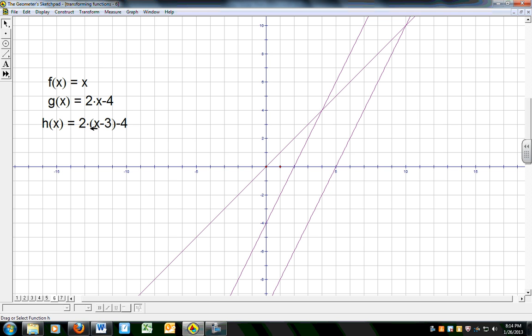Or I can read it as a modification to the parent function by adjusting the angle, doing a little bit of a rotation of it, and then a right and down shift of 3 and 4, respectively.